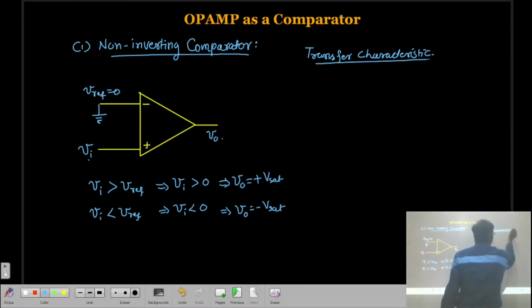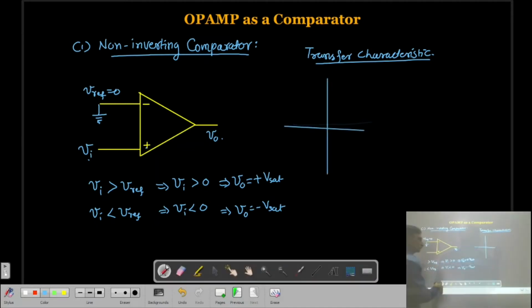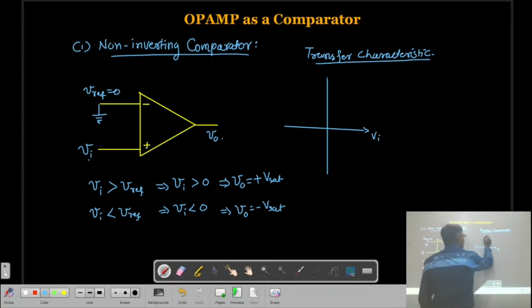Transfer characteristics of the comparator. So here if I plot, on the x-axis the input voltage is there, and on the y-axis the output voltage is there.